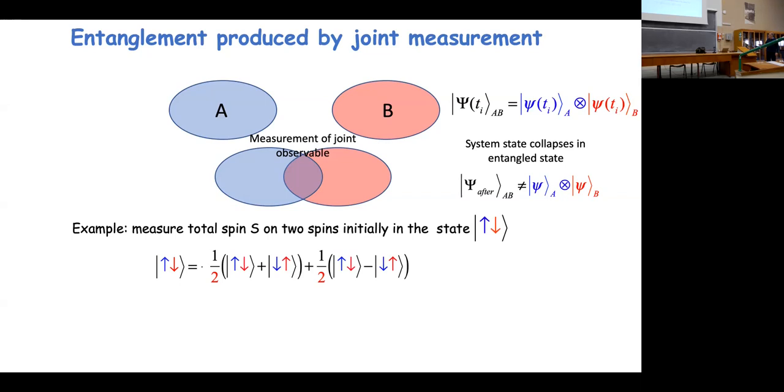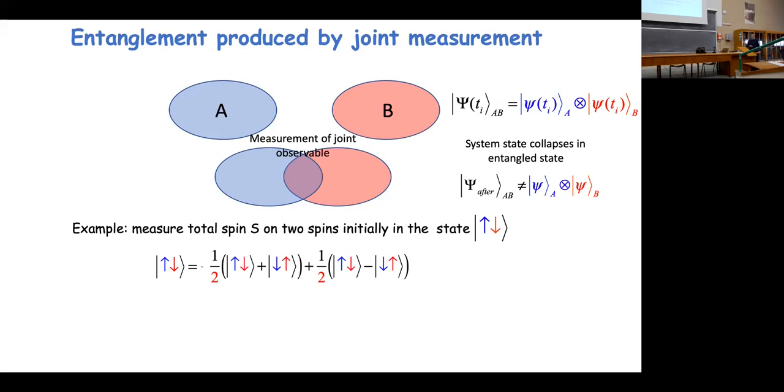I have a square root of 2 in the notes; in fact, it is 1/2 and 1/2. You see immediately that if you add this, these terms cancel with this one, and you get twice spin down, which is just spin down. So you see that this state can be written as a superposition of a symmetric and antisymmetric state.